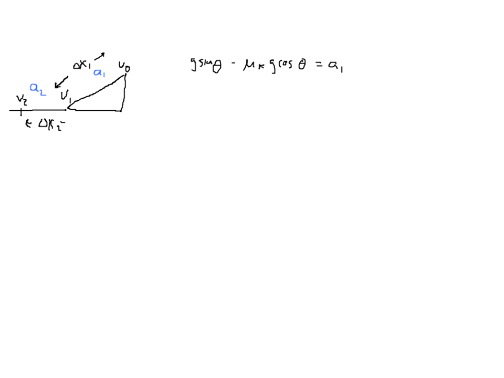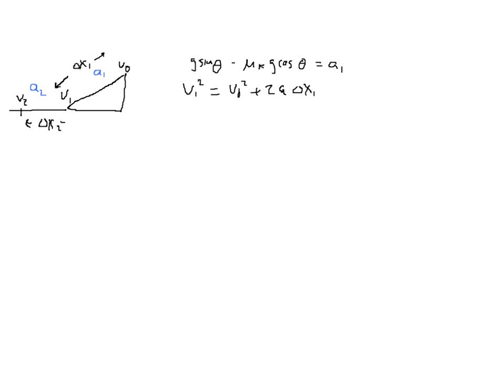Then v1 squared equals v0 squared plus 2a delta x1.